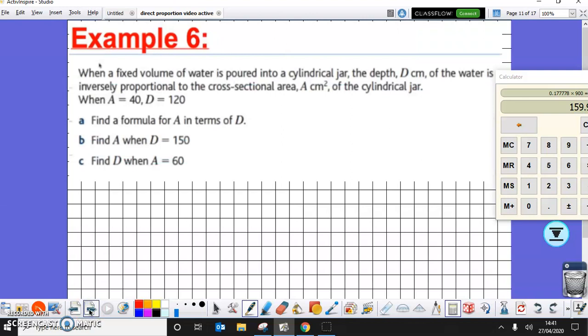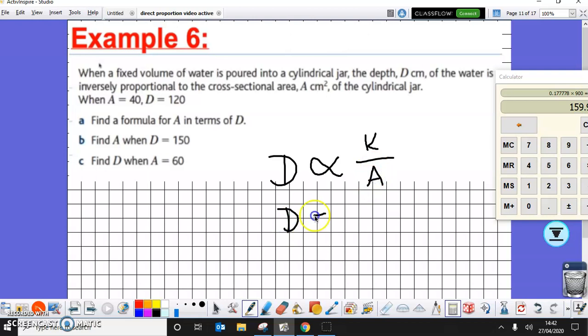Example 6. Find a formula. When a fixed volume of water is poured into a cylindrical jar, the depth D of the water is inversely proportionate to the cross-section A. So the depth is inversely proportionate to the area.